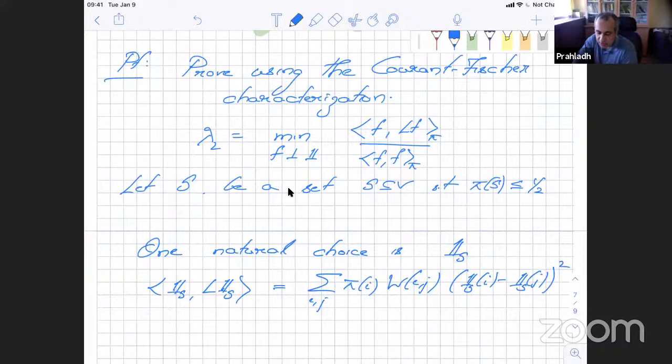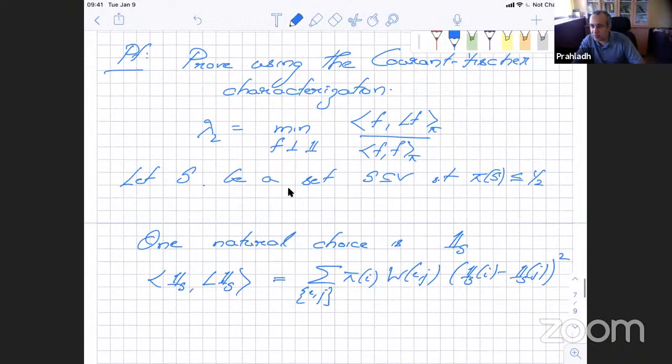Now this quantity within the square is either 0, 1 or minus 1. It's 0 if i and j are on the same side of the cut. And by the way, this is over unordered pairs. If i and j are on different sides of the cut, it is 1. Therefore, this contributes exactly 1 when i and j are on different sides of the cut.